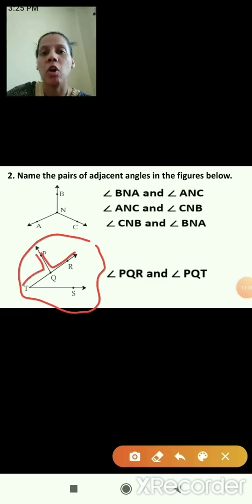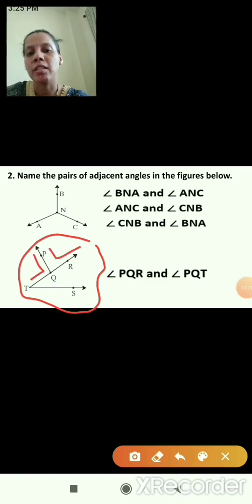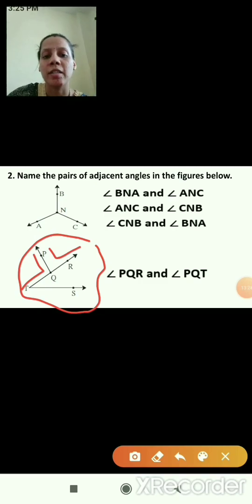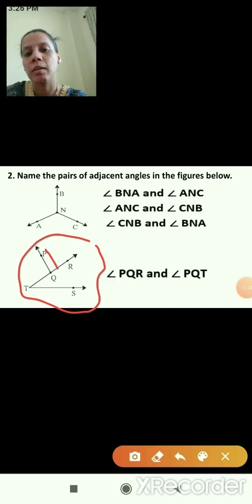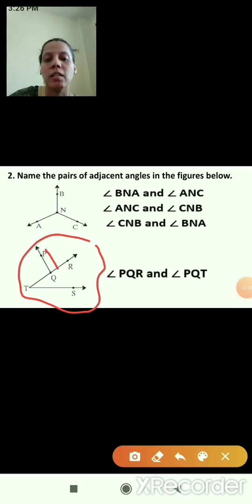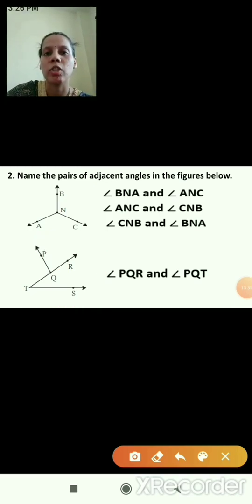Because they have one common vertex, that is point Q, and one common arm, that is ray QP. So they are said to be adjacent angles. I hope you are clear with the second question.